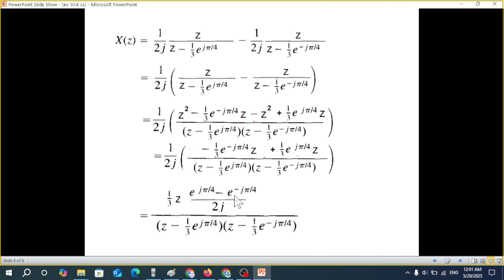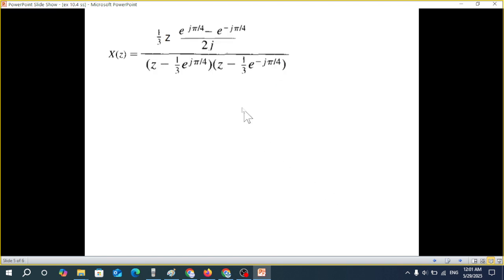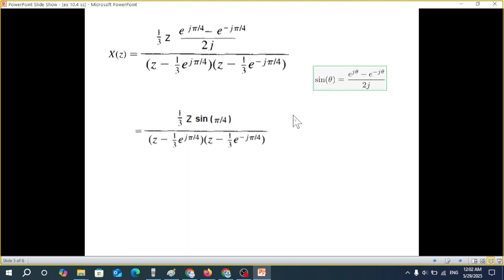And again, we'll use the Euler relation. So 1 over 3 and z we have taken common. e^(j pi by 4), we write this one positive and then negative, divided by 2j. Just recall this formula that we had. So from here we are going back to the sine.